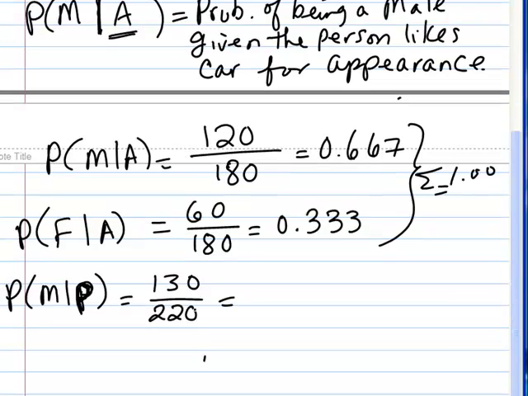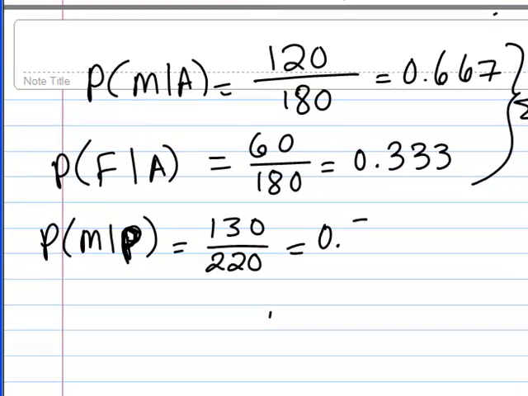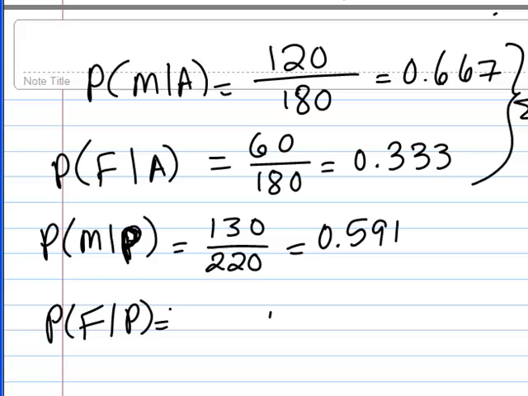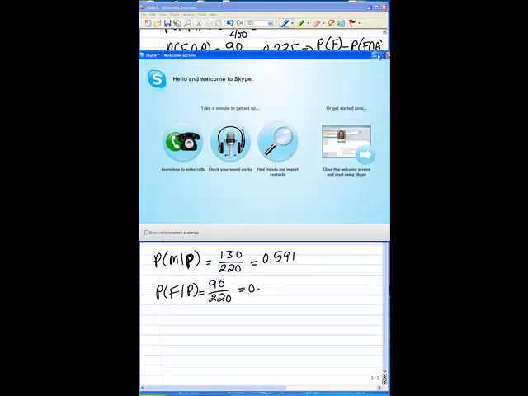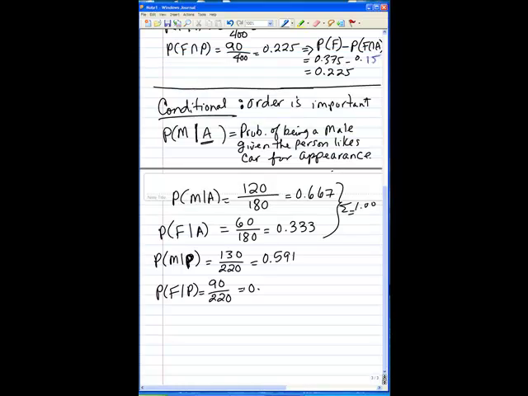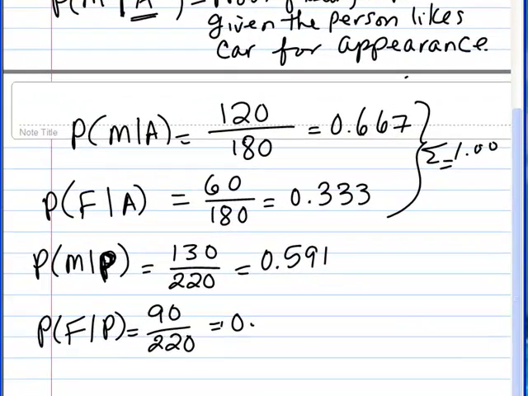So 130 divided by 220 is 0.591. And the probability of female given performance is 90 divided by 220, which is 0.409. And of course, these add up to 1.